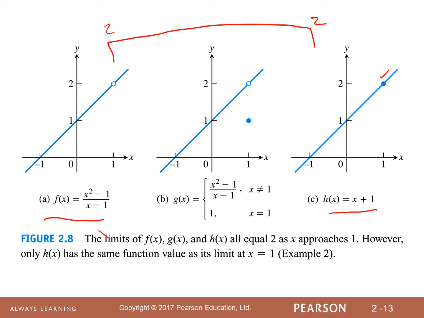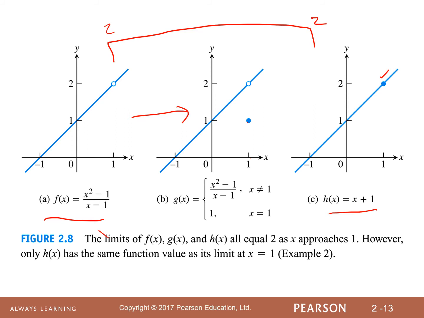Now this is a third function. This function, we wanted to patch. You know what patch means? We wanted to include 1 in the domain, so we add to this one what? A value for 1. We say when x is equal to 1, let's put f of x equal to 1, right?